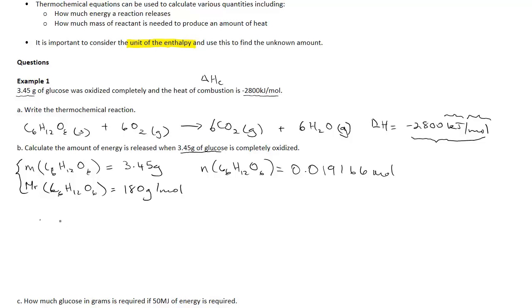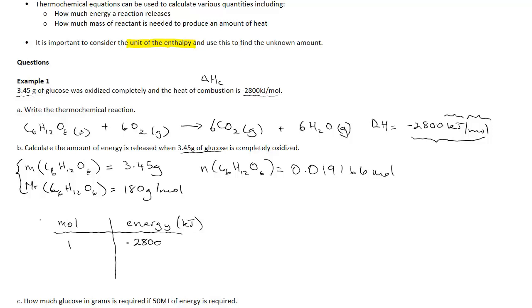So we're going to set up a table with the mole on one side compared to the energy on the other side. From our enthalpy there is 2,800 kilojoules of energy. This is in kilojoules, and that's per mole. So every 1 mole of this particular glucose releases 2,800 kilojoules of energy.